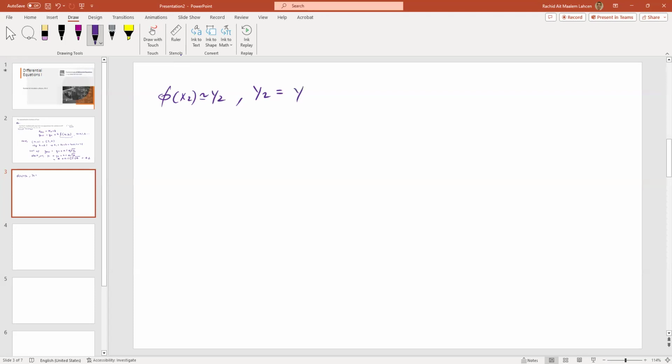So y1 plus h f of x1, y1, and we know all this. We just do 4.2 plus 0.1 times f of x1, y1, which is x1 square root of y1.